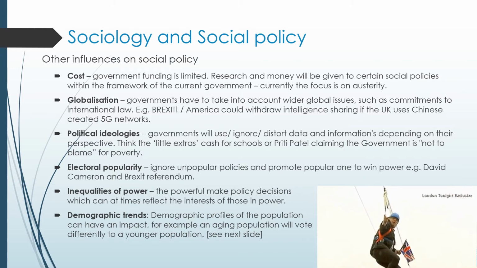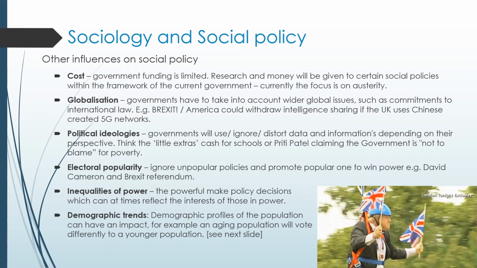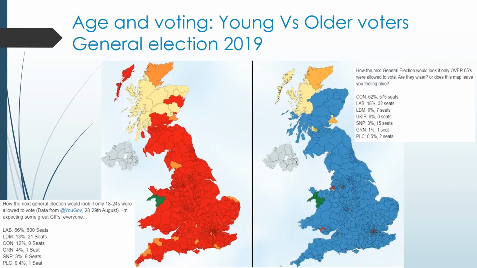And last but not least, demographic trends. I think this is a really interesting one and it does have a link to demography. As you can see here, this is the difference between the voting pattern of young and old voters. On the left, it says that if only 18 to 24-year-olds were allowed to vote in the 2019 general election, Labour would have won.